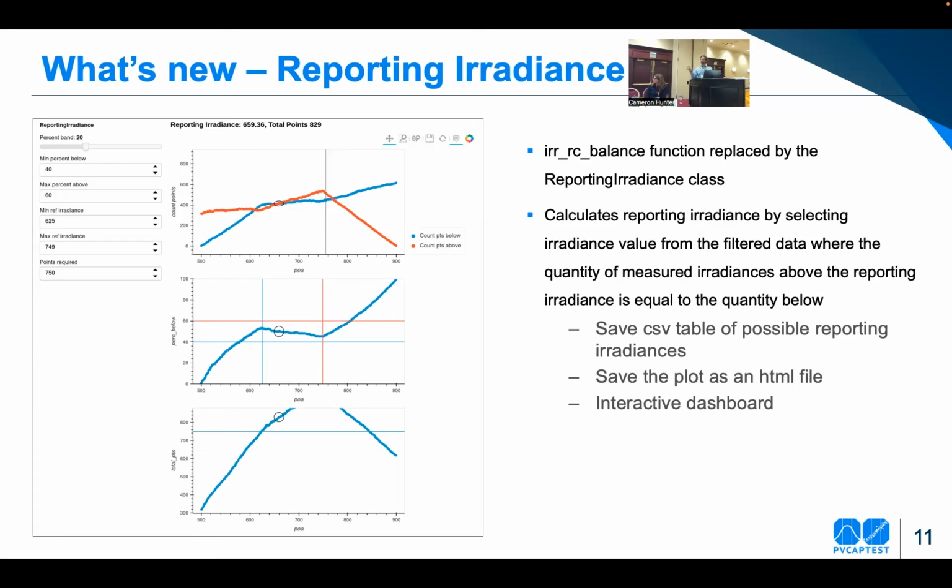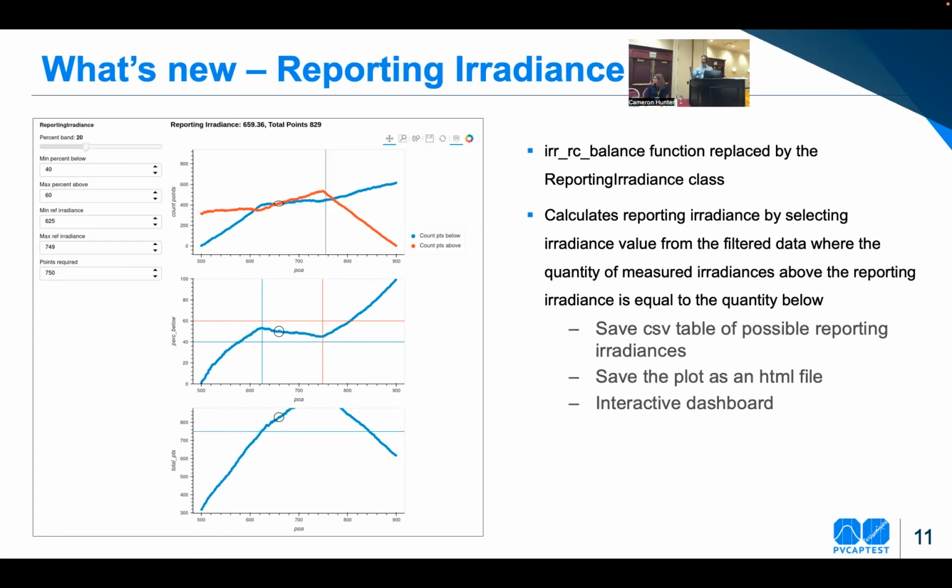So that functionality has been refactored and I think is much improved, and you can get basically the small dashboard that's shown on the left there. And that's interactive, so you can adjust the percent band there, the top left toolbar that's shown there, and watch the plot change.